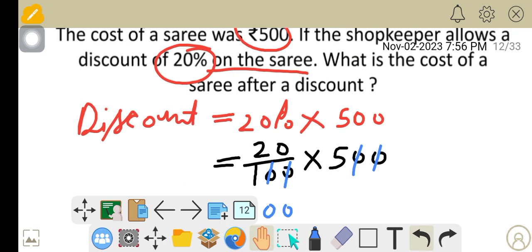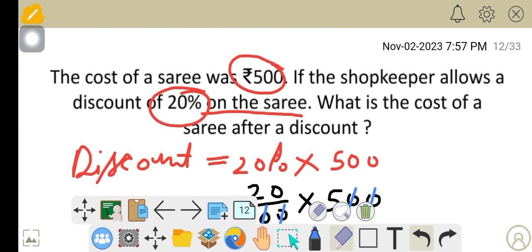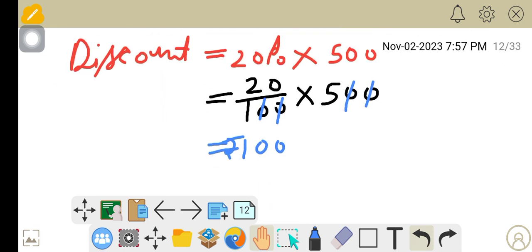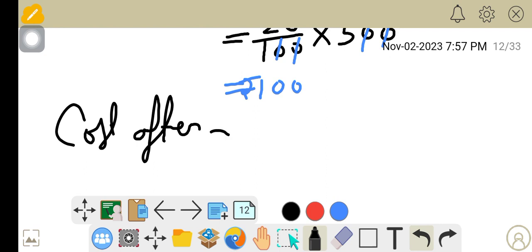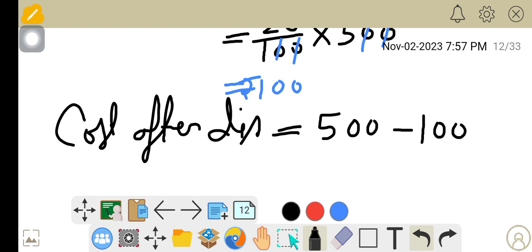Now the cost of sari is 500 rupees, but we have a discount of 100 rupees, so the cost of sari can be calculated very easily. So the cost after discount will be, cost of sari 500 rupees minus 100 rupees discount, so it will be 400 rupees.